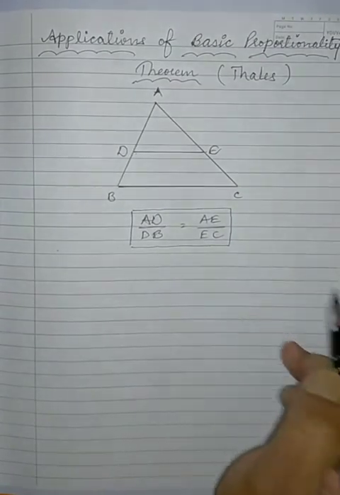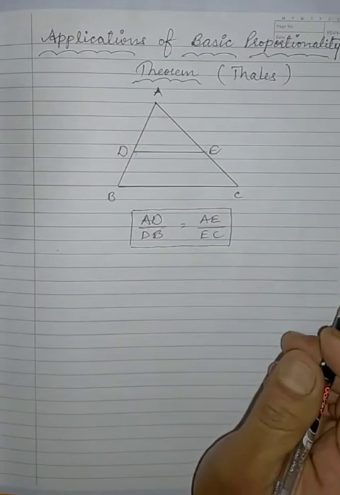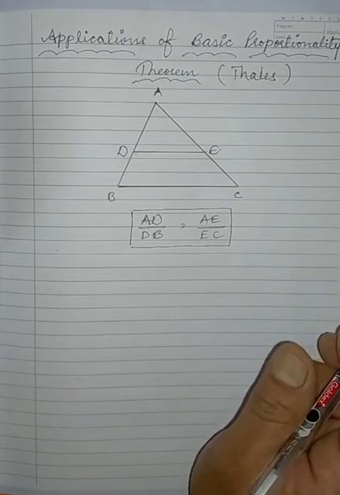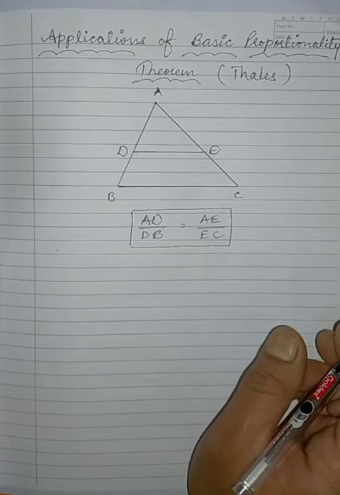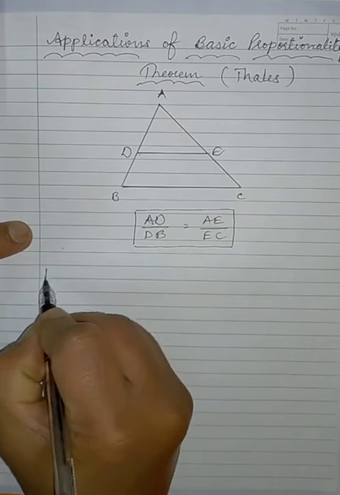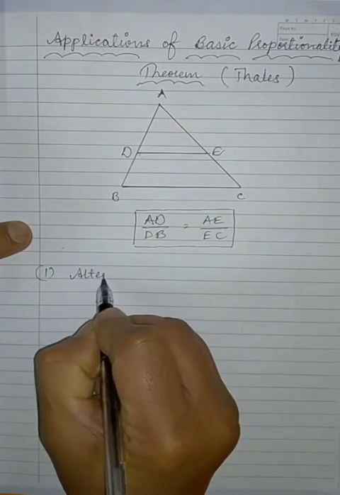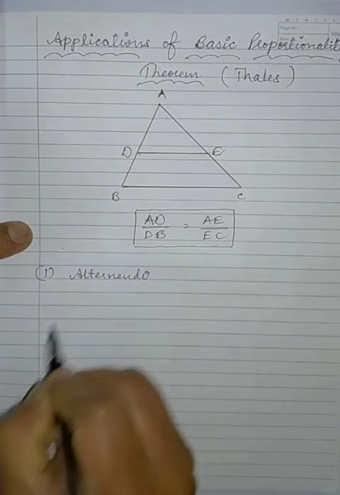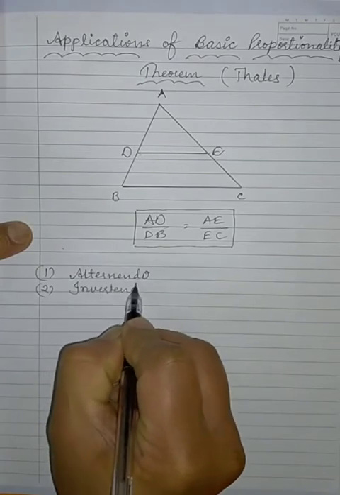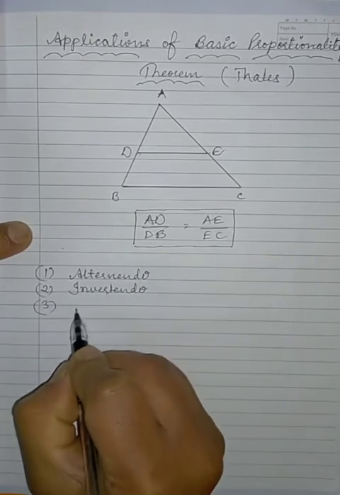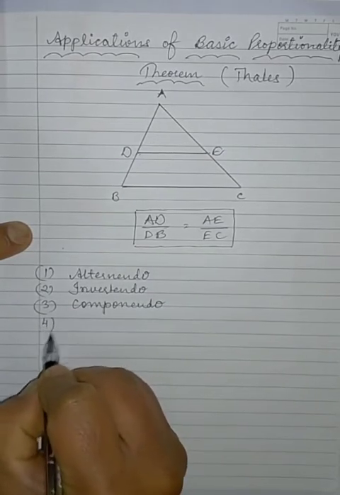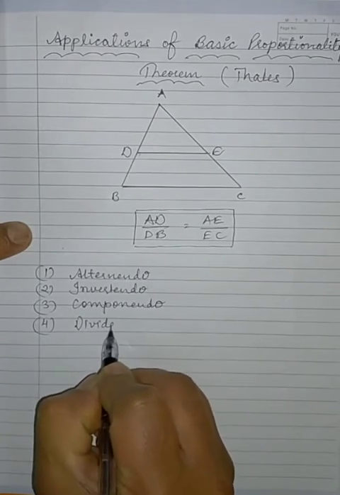On this Thales theorem, basic proportionality theorem, we can apply four relations to solve the questions based on this theorem. So these four applications, these four relations are: number one, alternando; number two, invertendo; number three, componendo; and number four, dividendo.